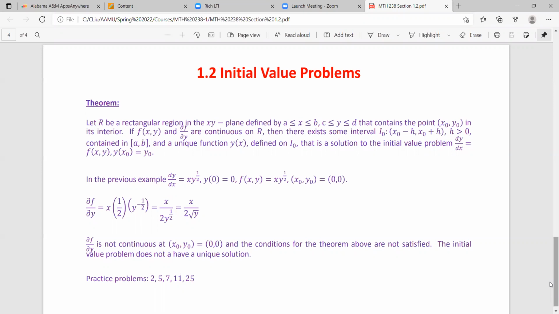Then we have the differential equation dy over dx equal to f of x, y. So let's consider this function f of x, y on the right hand side of the differential equation. So if the function f and the partial derivative of f with respect to y are continuous on R, okay.